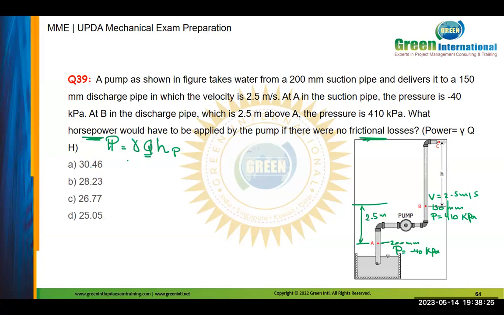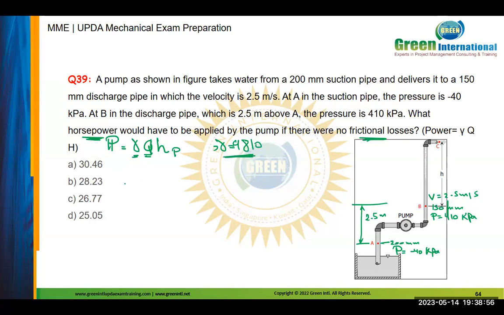Q is discharge, gamma is specific weight. As we know, no problem, this is SI, so 9810, coming from rho g, rho 1000 and g is 9.8. So this is gamma.